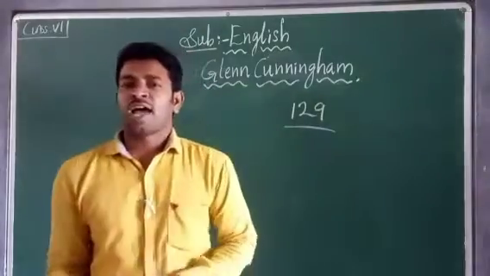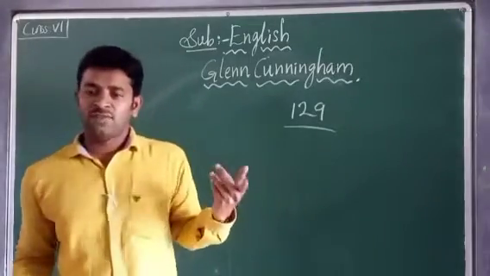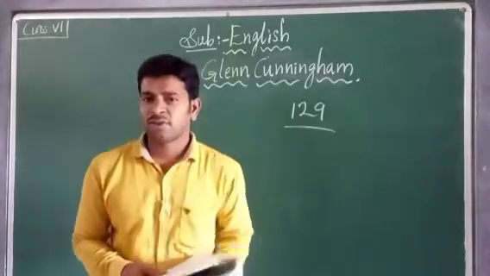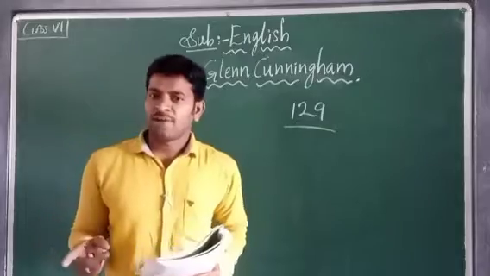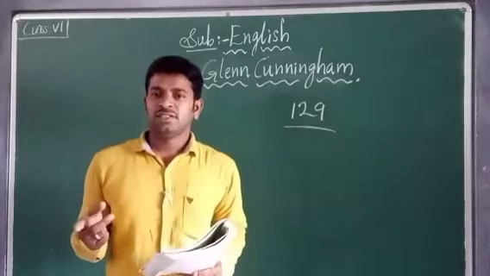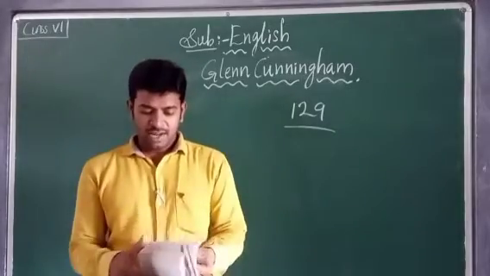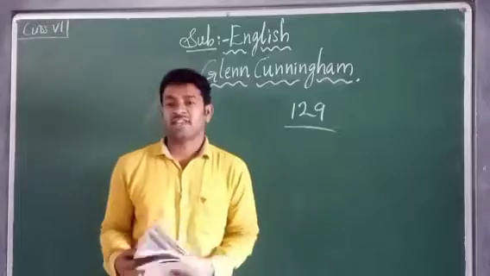Before we start Glenn Cunningham, children, we want to discuss a few lessons from the 3rd unit. We have come across "What Can $1.11 Do", which we have completed. Then the second part is about the nation's strength, children.